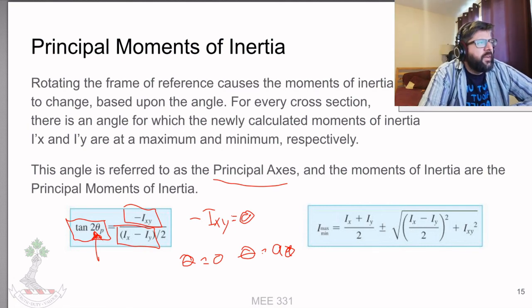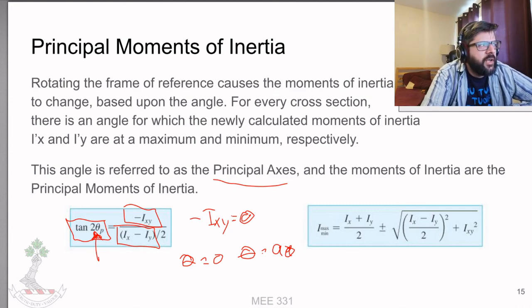So what does that mean in terms of our principal moments of inertia, our principal axes? That means that if our product of inertia, our Ixy, is 0, then we are already at one of the principal axes.